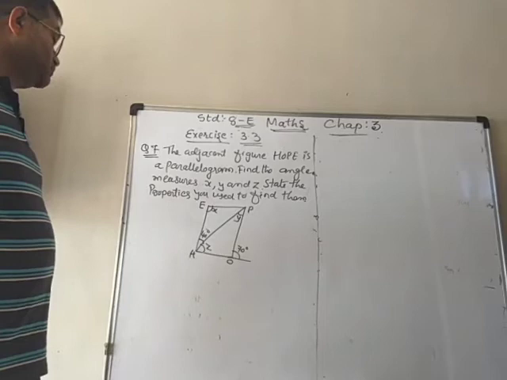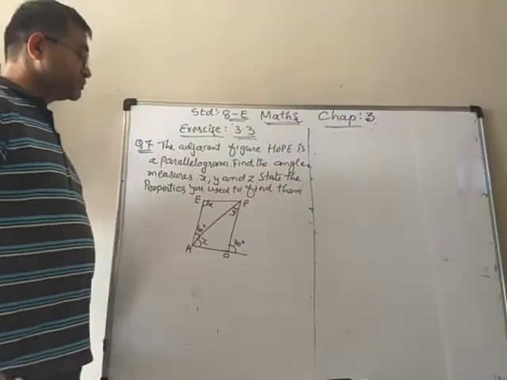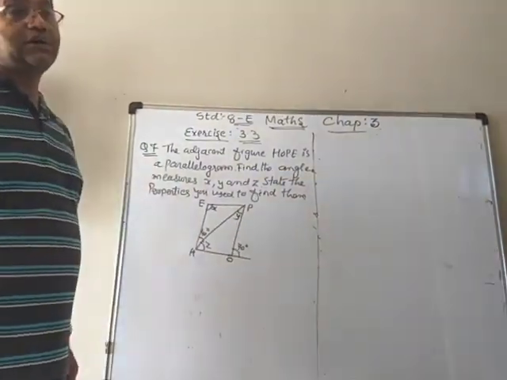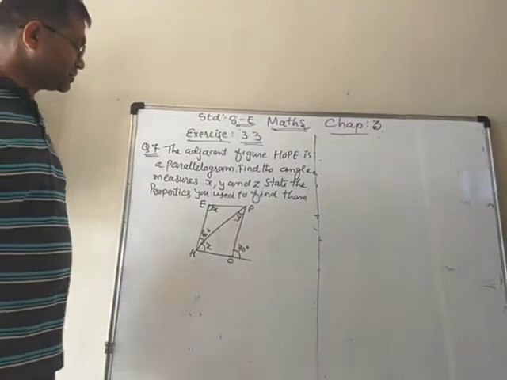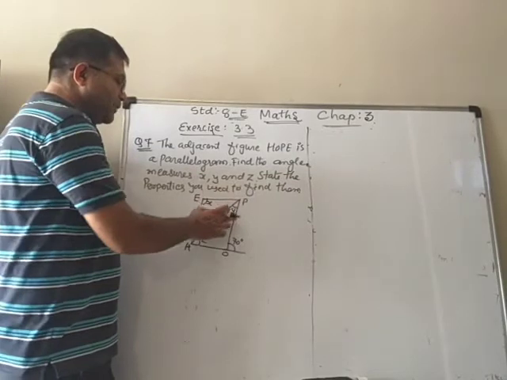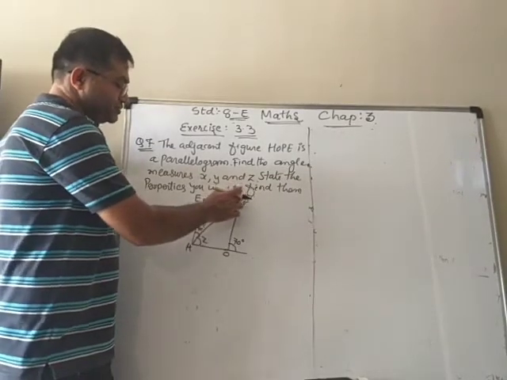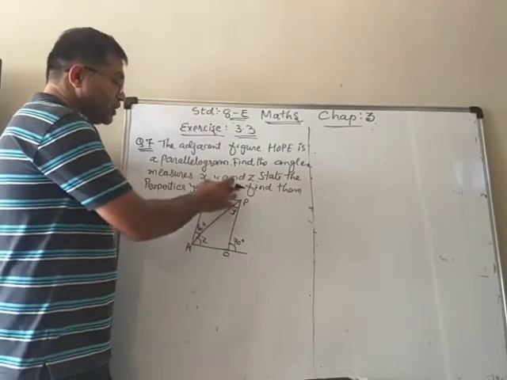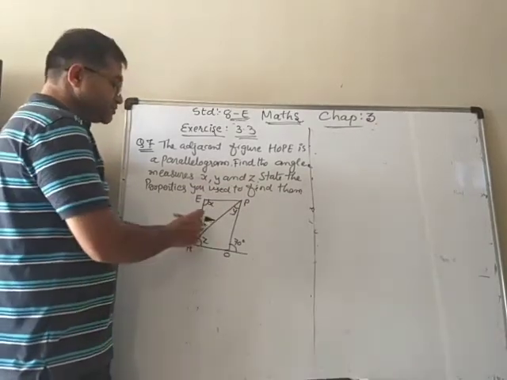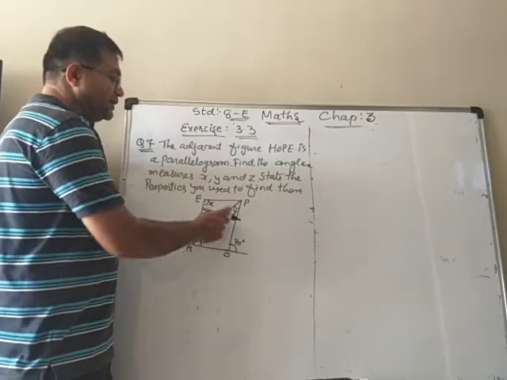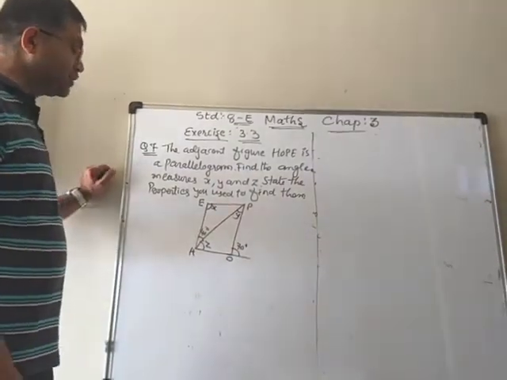Now, first of all, we learned in the previous standards also that when a line transversal cuts two parallel lines, then alternate angles are equal.